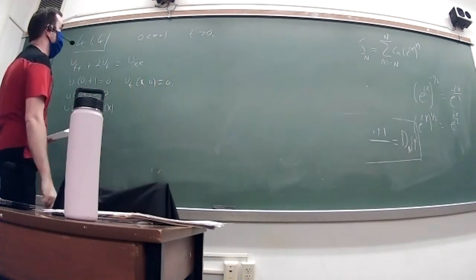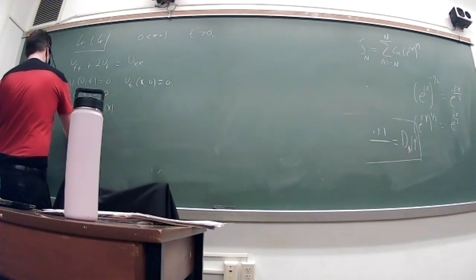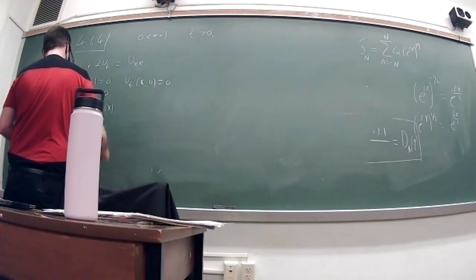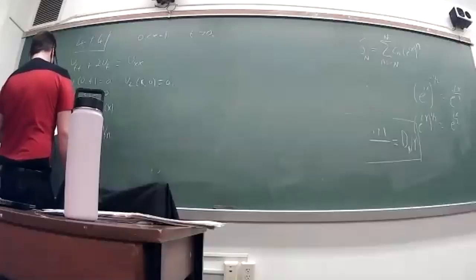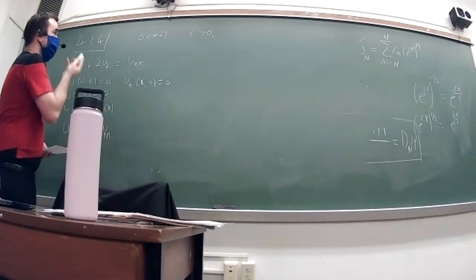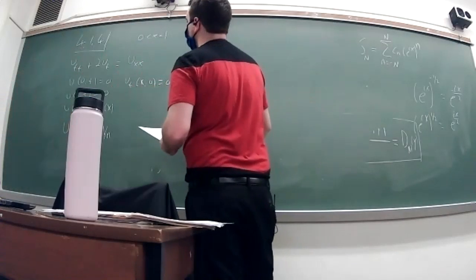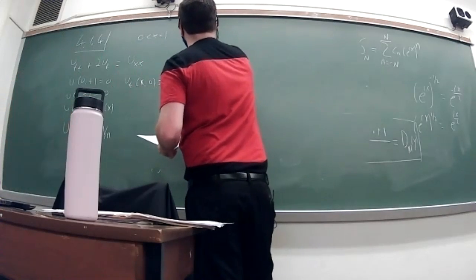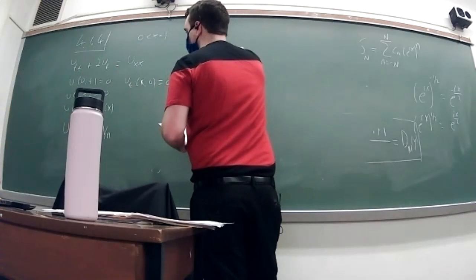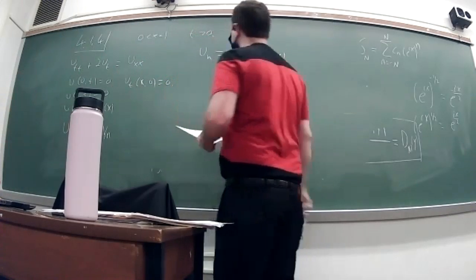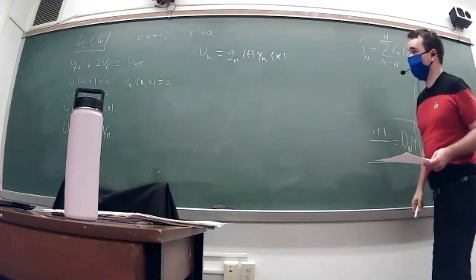And you want to do this with separation of variables, so you hope that u is going to be a sum of product solutions g_n and y_n using the book's notation. So like the u_n are going to be product solutions of g_n of t and y_n of x, right?